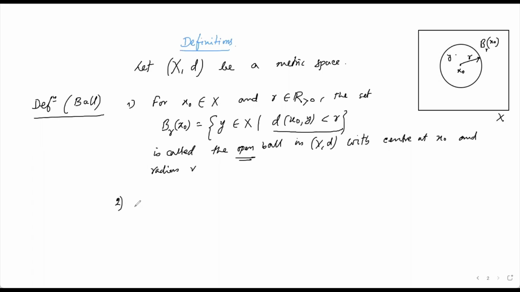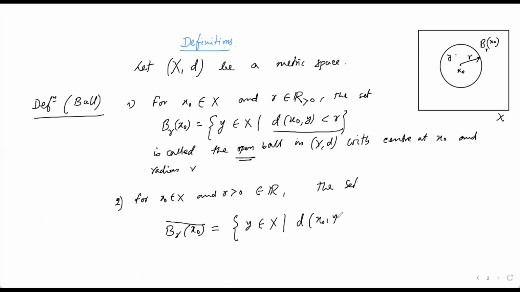And the second definition: for x naught in X and r greater than 0, belonging to the set of all reals, the set denoted by B_r(x naught) with an overline is equal to the set of all points y belonging to X such that the distance between x naught and y is less than or equal to r, and this is called the closed ball.